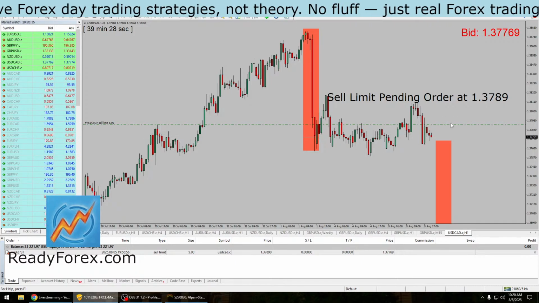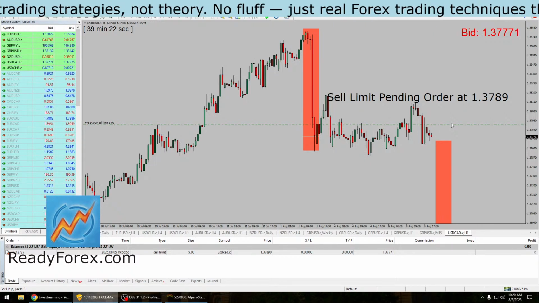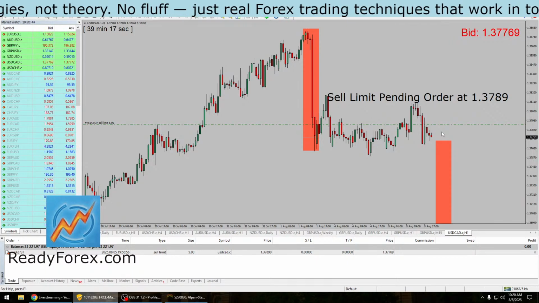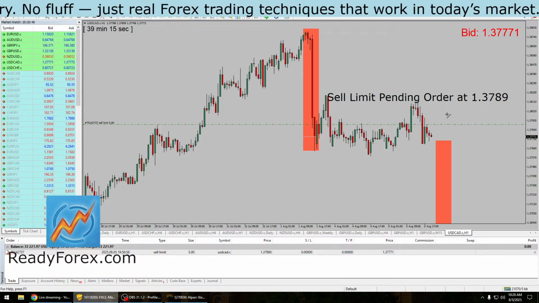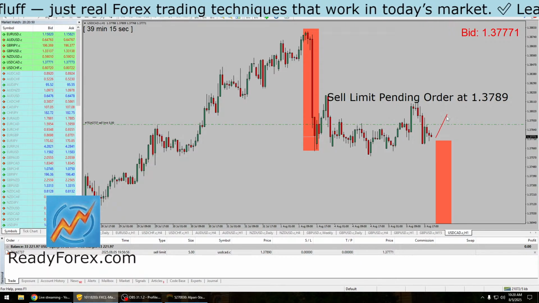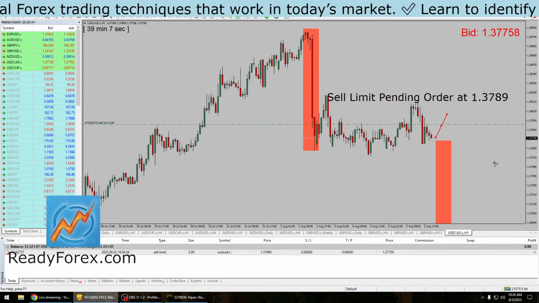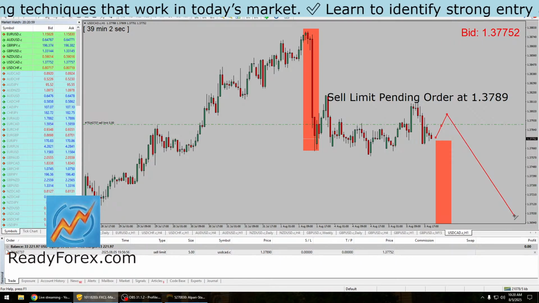Well, if it's not going to fill the sell limit pending order, that's fine, let it go. I do not want to chase the market, but we should get some kind of a bullish leg like this first, and then it is going to drop more.